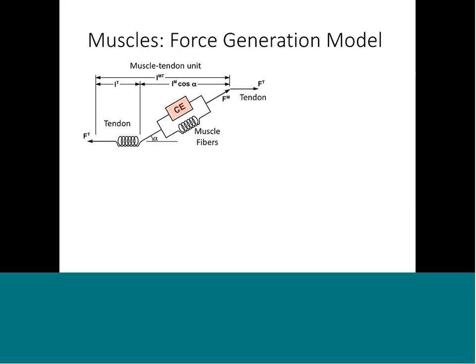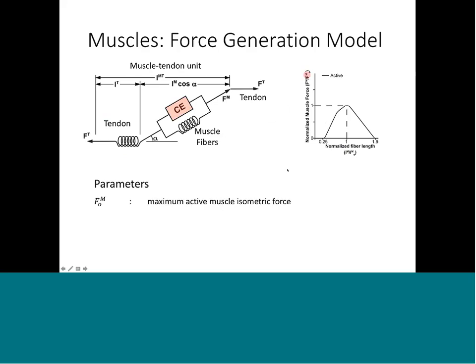The active force generating capacity of muscle is dependent on muscle fiber length, and the muscle generates its peak force, which we include as a parameter in our model, at its optimal fiber length, which is another parameter in our model.